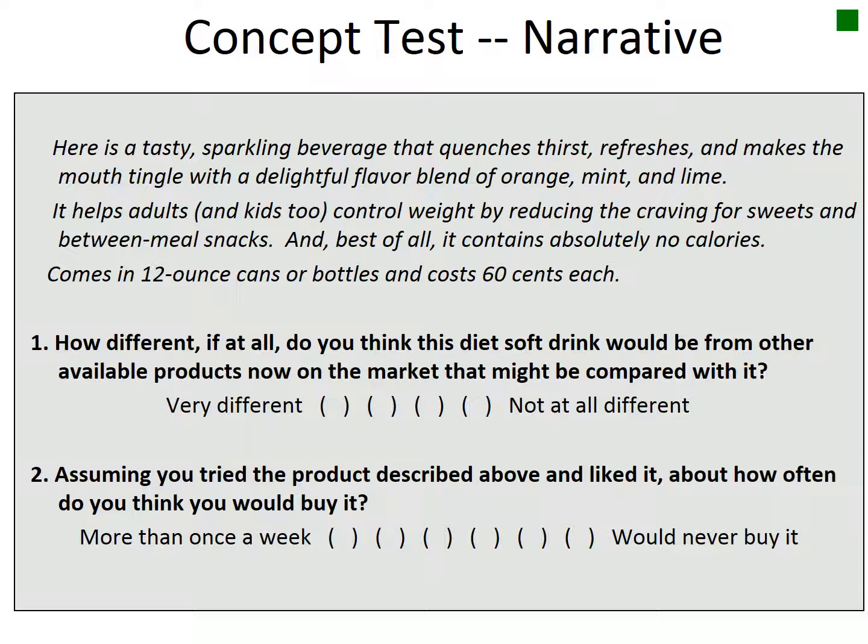So there are lots of attributes being described, and we don't know which attributes the consumer feels are different from competitors. So that's a bit of an ambiguous question, and the data that's received can be useful, but it might be a little bit difficult to interpret.